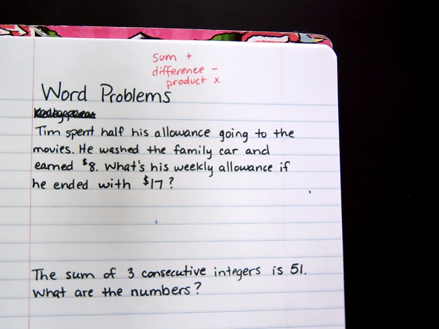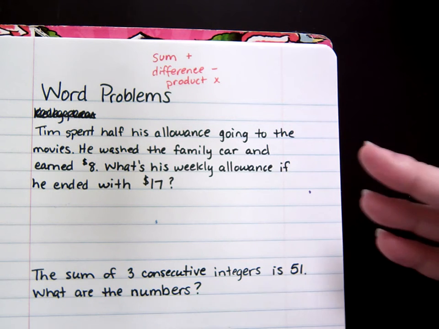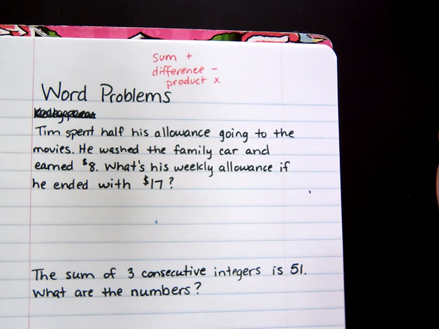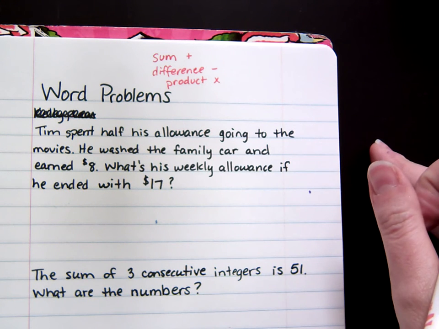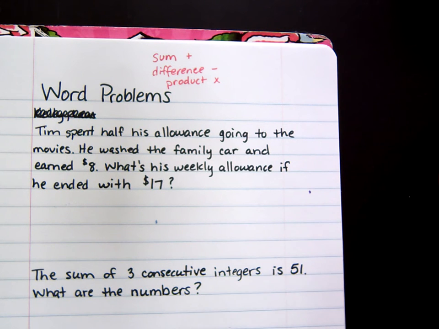You might see the word increase, which a lot of the time is going to be addition. Or if it says it's this much more or this much less, that's adding or subtracting. Even the word is can have a meaning in certain circumstances. Sometimes it means equals.